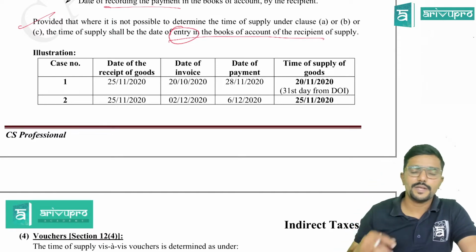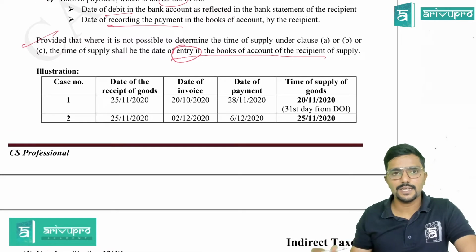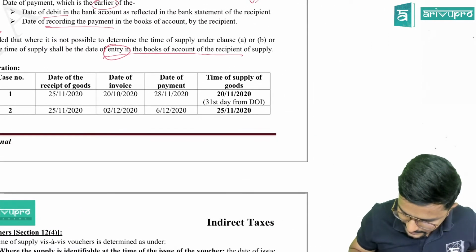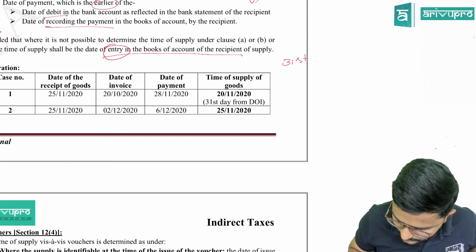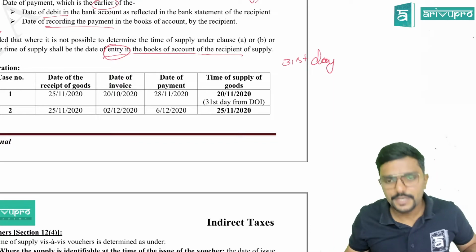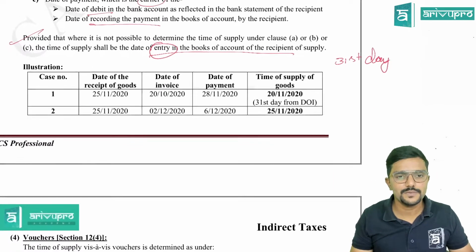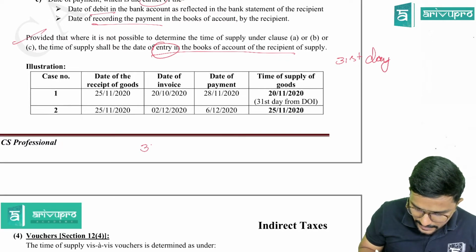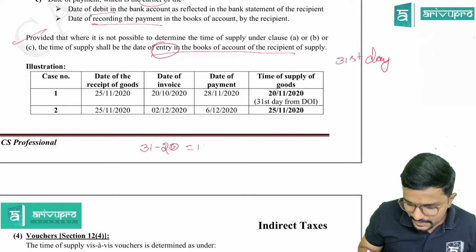Under reverse charge, it is the earlier of 3 dates. So the 31st day from the invoice date, let me calculate it. The invoice is issued on 20th October. How many days in October? 31 minus 20 is 11 days.